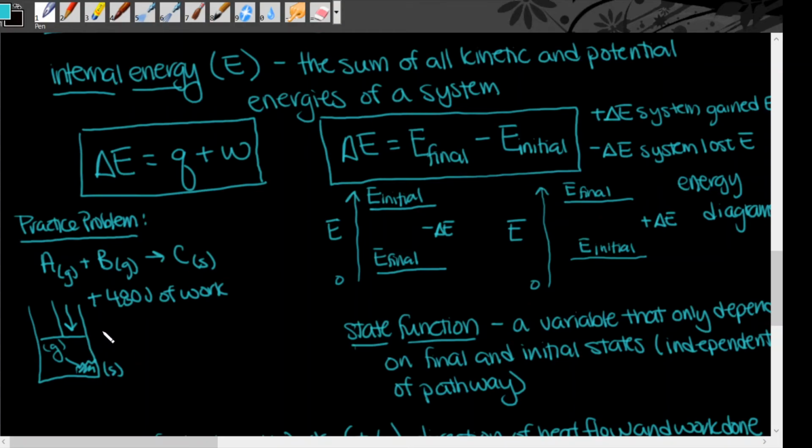And let's also say that the system loses 1,150 joules of heat. So remember, if it loses heat, the heat's going this way, and that's going to be a negative sign if it's releasing heat.